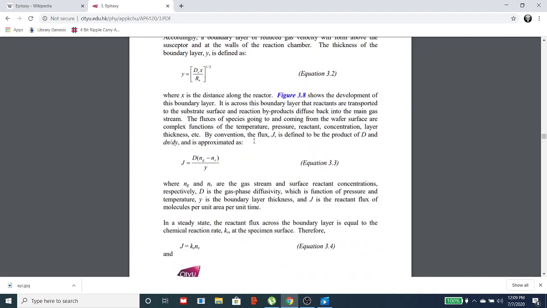So we go through some reactions. If we talk about the flux of the reactant, the flux of the gas, it is given by D_g times (N_g minus N_s) by y.